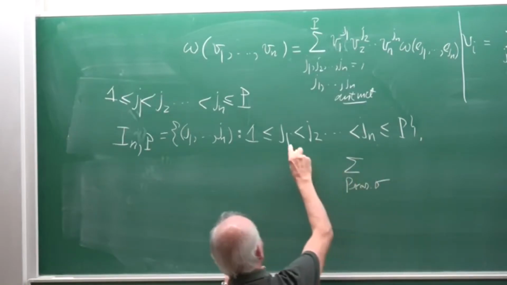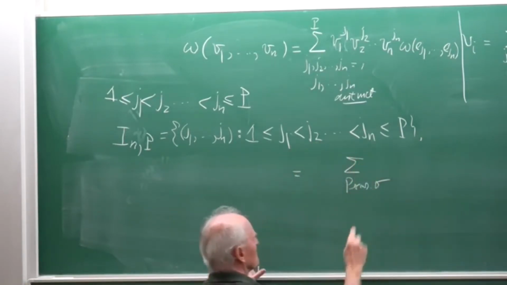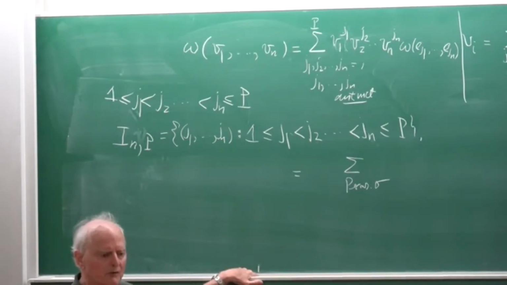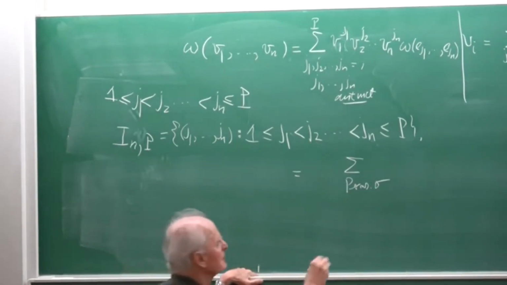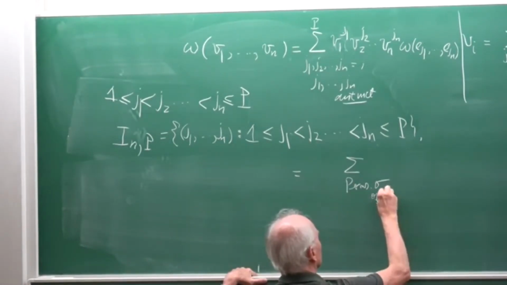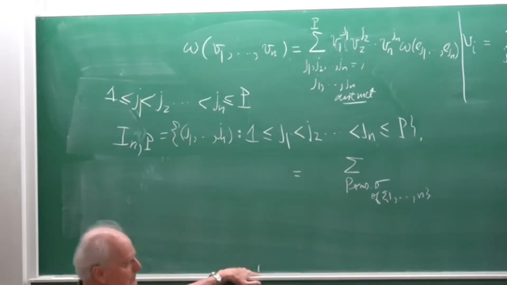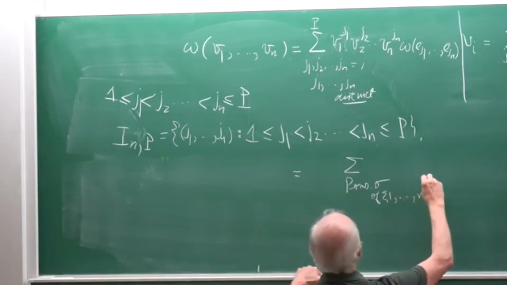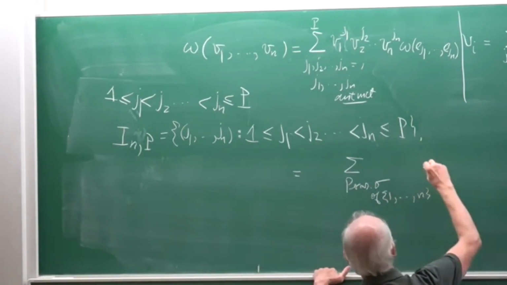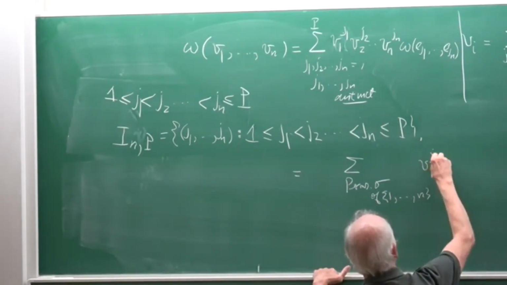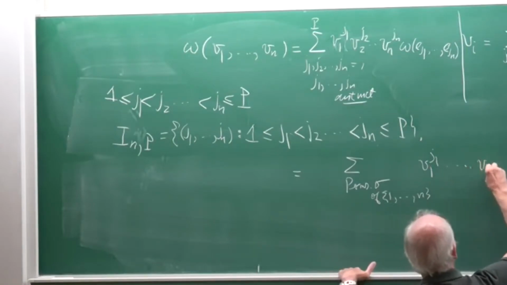We're permuting the indices only, the subscripts. So that's permutation sigma of the entries 1 up to n. There are n factorial of those. And then we take V, the same thing, V1 j1, up to Vn jn.